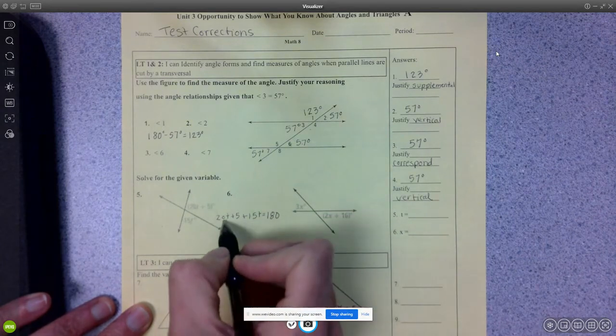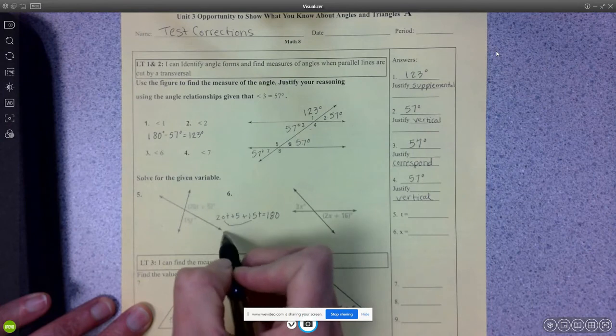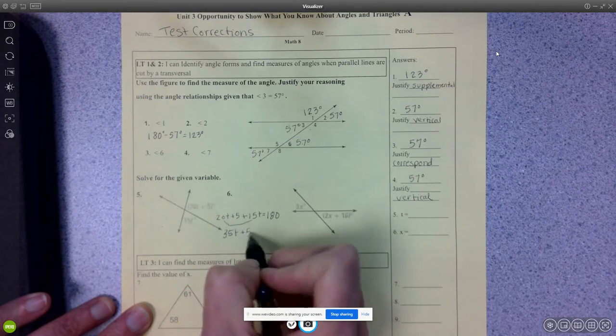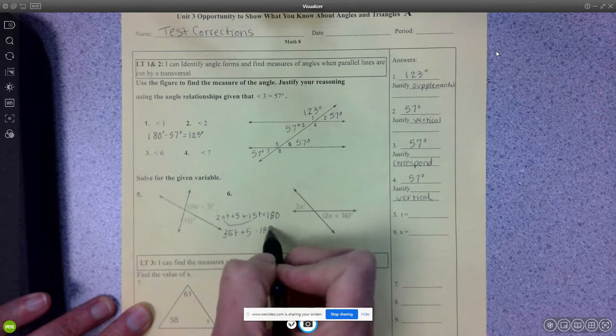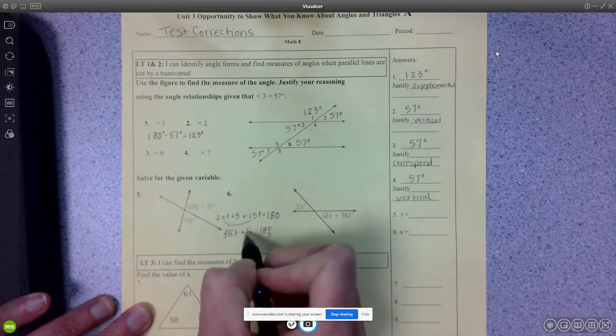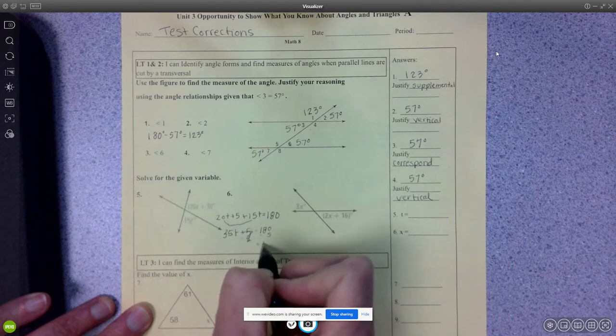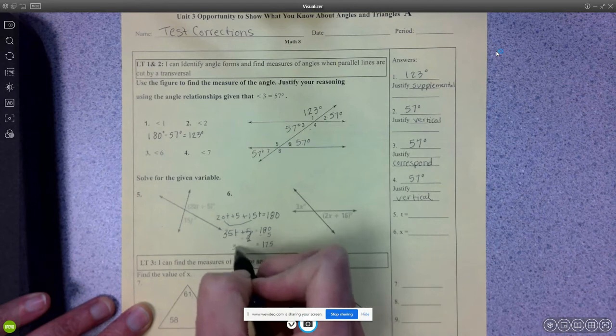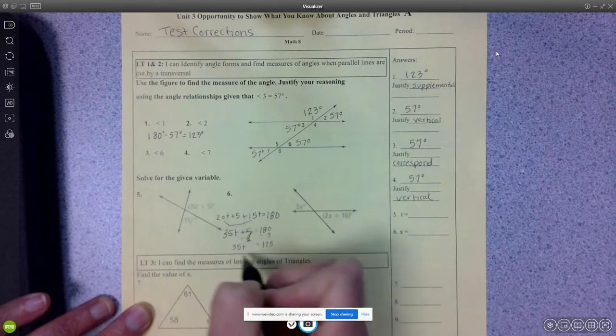So now I'm just going to combine my like terms. 35t plus 5 equals 180, and I'm going to subtract 5 from both sides. That's going to zero out, and I'm going to have 175 equals 35t. Divide both sides by 35.